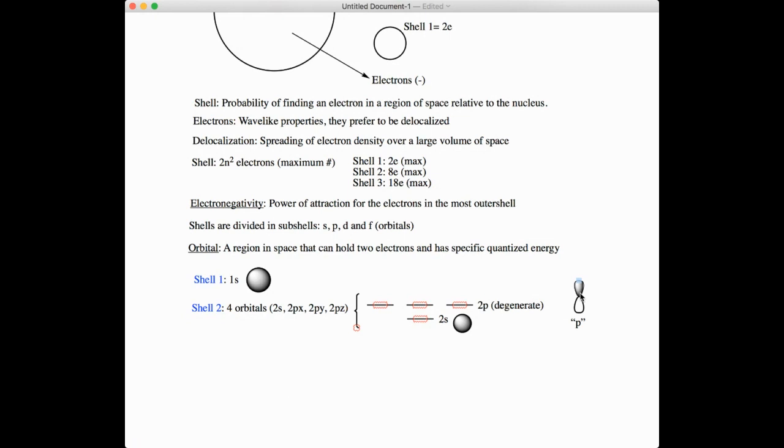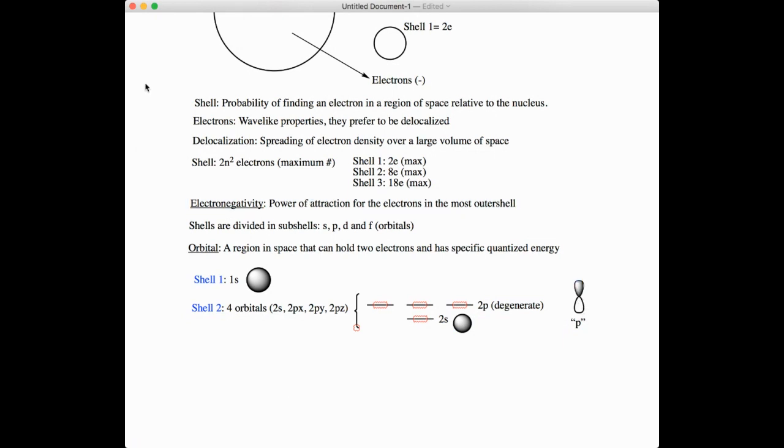Remember, electrons are delocalized, meaning that for this orbital, there is electron density inside this sphere, around the entire sphere, at every single point in space, because electrons are delocalized. When we talk about a p orbital, we have 2 lobes, and there is electron density here, and there is electron density here. I shaded one of them, and the other one is not shaded. It does not mean that there is electron density in one and none in the other one.